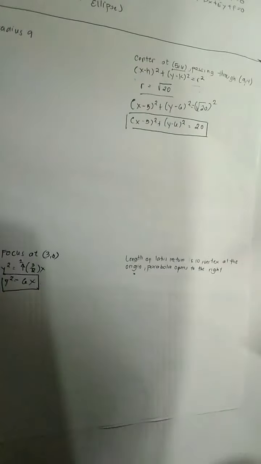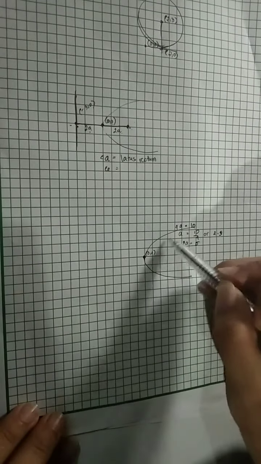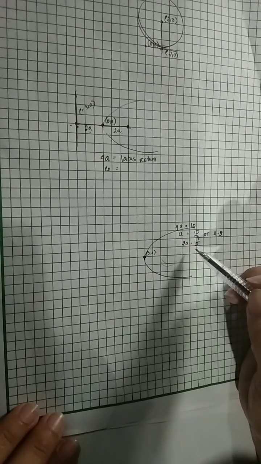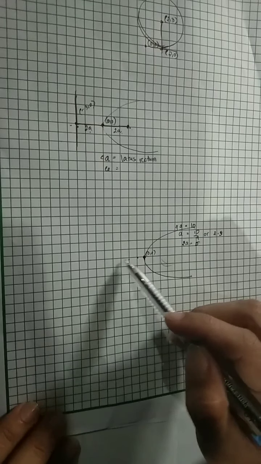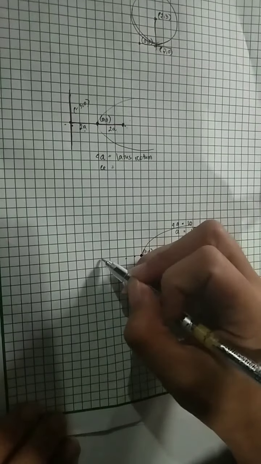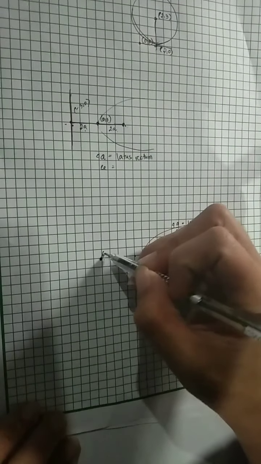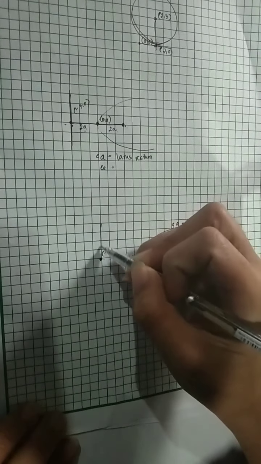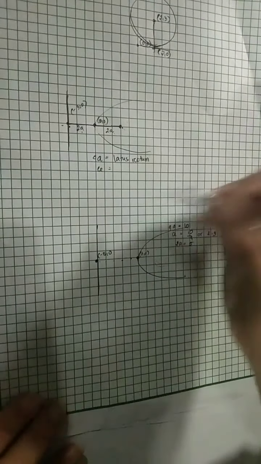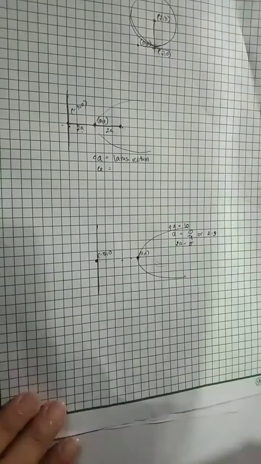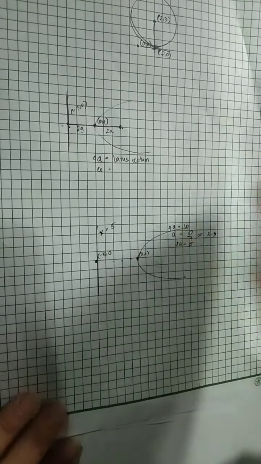That means if it opens to the right, our focus should be right here inside the curve. So our directrix is right here. Let's move 5 units. 1, 2, 3, 4, 5. That gives us the coordinate negative 5, 0. This is the line of the directrix, and it has an equation which is x is equal to negative 5.